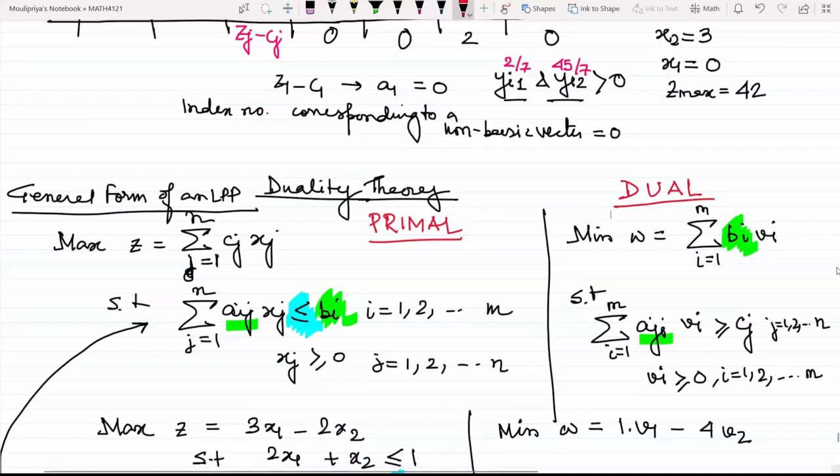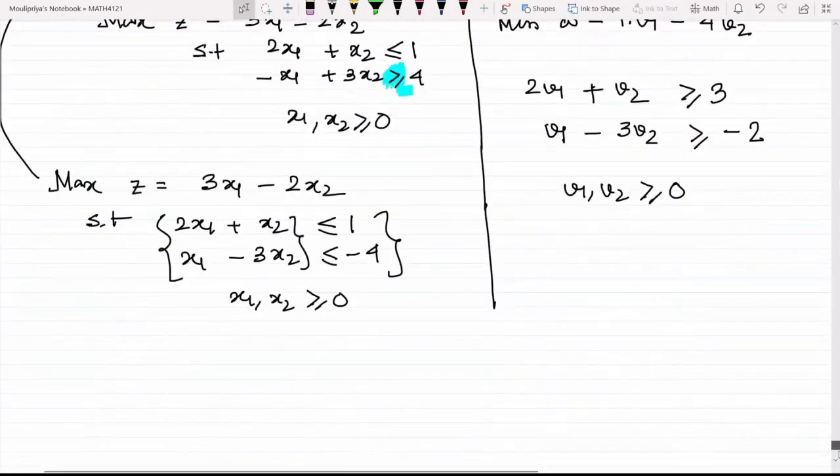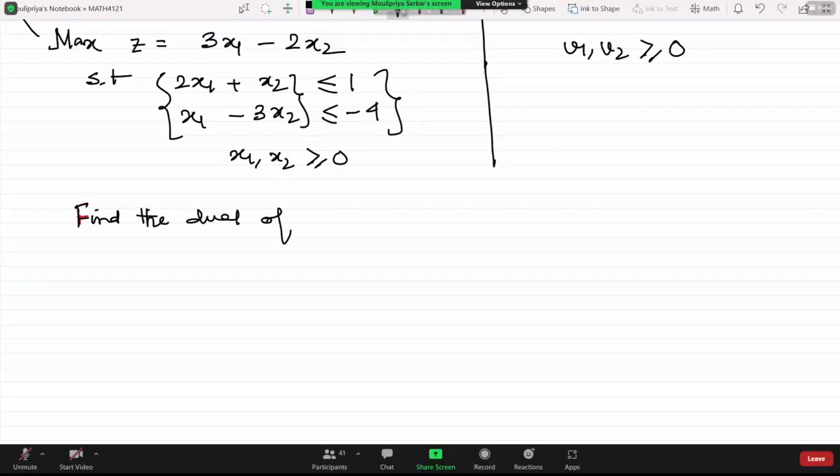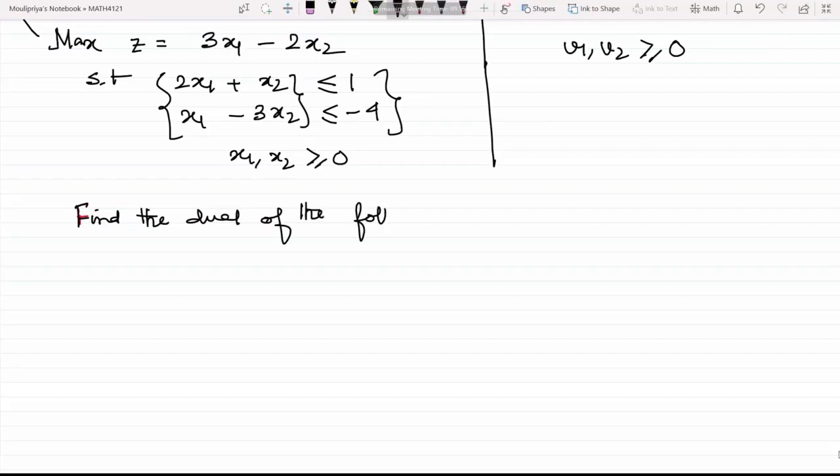Okay, so now if I have a different case, suppose I tell you to find the dual of the following LPP.